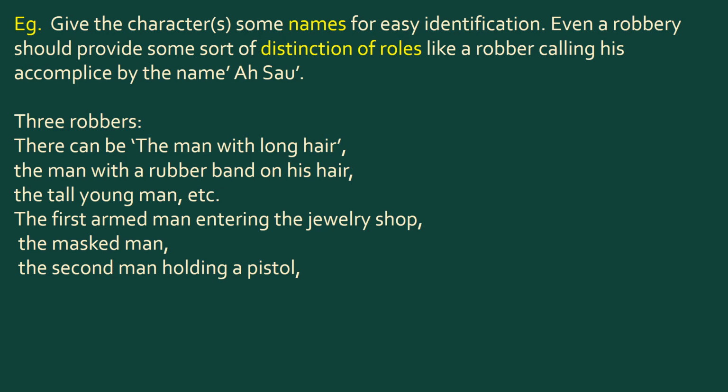For example, in the middle of the story, a robber calling his accomplice by the name 阿手，就可以其中一個賊叫佢嘅同伙，即係嗌佢做阿手，即係記住俾呢啲故事人物一啲名啦，以便於讀者可以識別嘅。咁當然平時劫匪又唔會自動報上名來啦，但係我哋都可以用唔同分別外貌嘅方法去俾一啲特定嘅特徵佢哋嘅。例如 The Three Robbers, you can refer to one of them as the man with long hair, the man with a rubber band on his hair, the tall young man, etc. The first armed man entering the jewelry shop, or the masked man, the second man holding a pistol, etc.